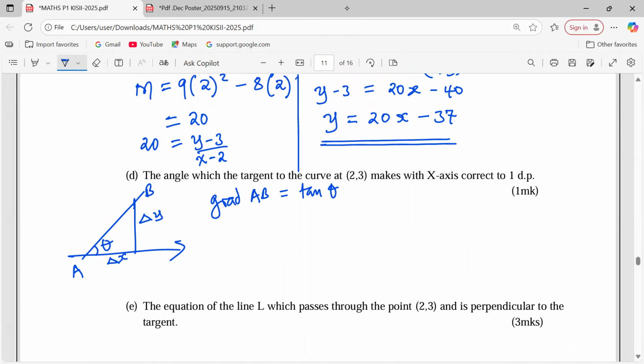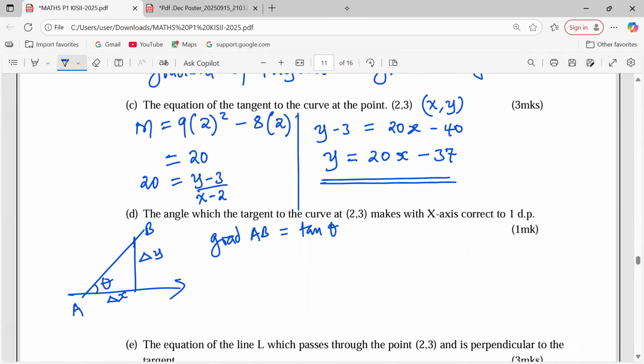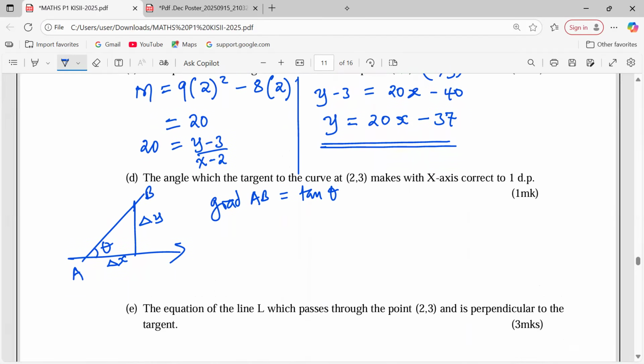and it's also the tan of theta. So we will say that the gradient of the above line, which is 20, is also equal to the tan of the angle made by the same line and the x-axis. So tan theta equals 20, meaning that to get the angle, we need the tan inverse of 20.